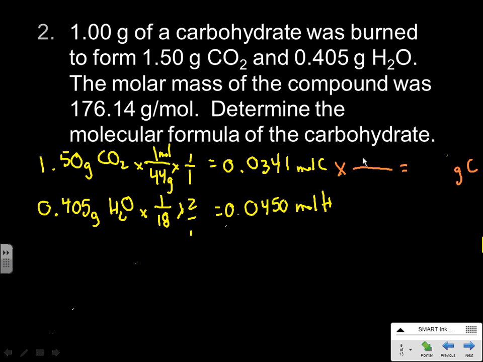No, that's not a molar mass. It's definitely not the molar mass of carbon. Yep, 12 grams per 1 mole. That's going to turn my moles into grams. Molar mass of hydrogen: 1 gram per 1 mole.